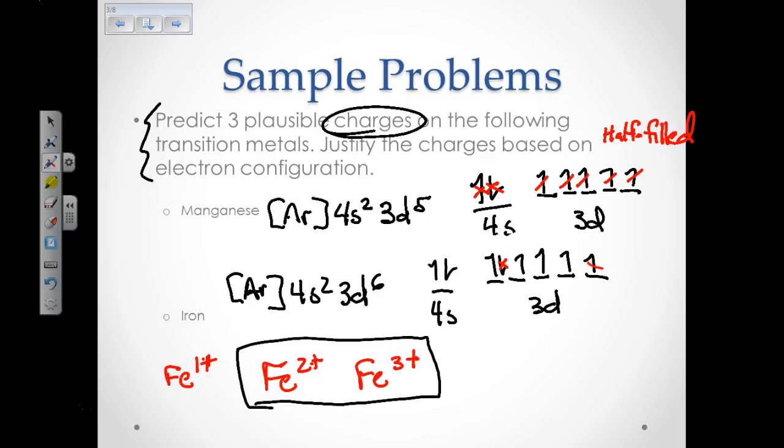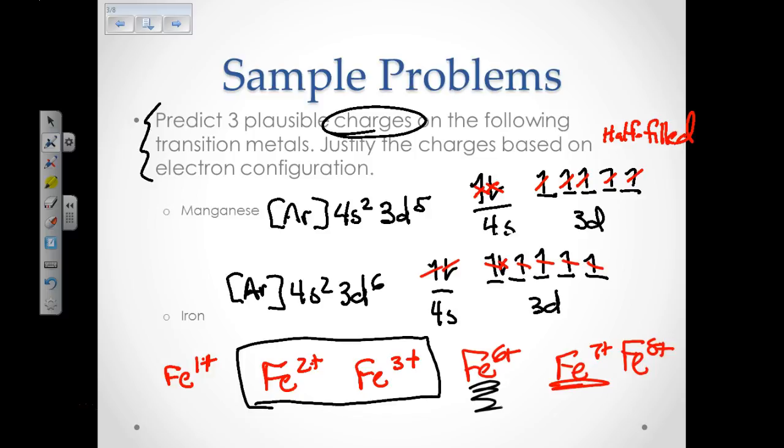We could lose all 6 of these to get Fe 6 plus. We could lose one of these, another one, so that's Fe 7 plus, and then we're stretching here, Fe 8 plus. Typically we don't go much above Fe 7 plus. And in real life, this is a very uncommon form of iron, but it still exists.